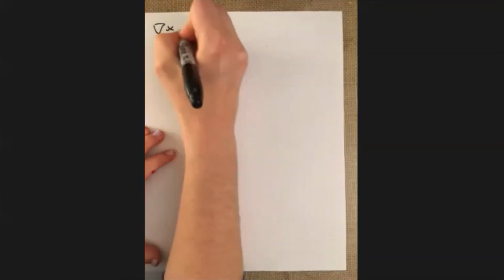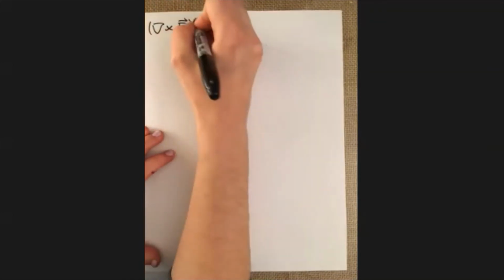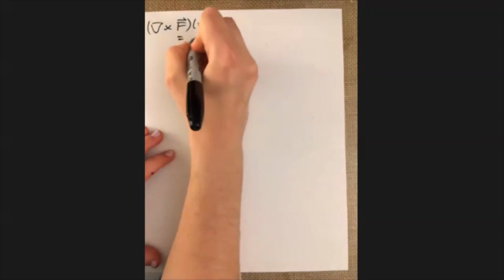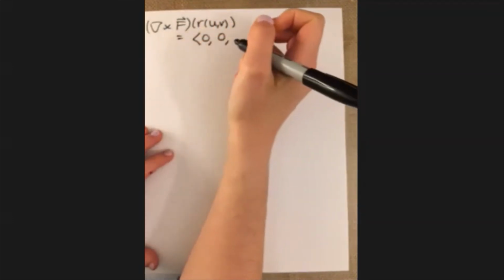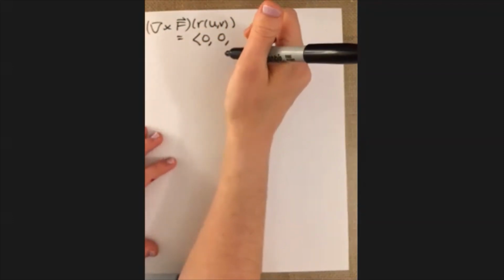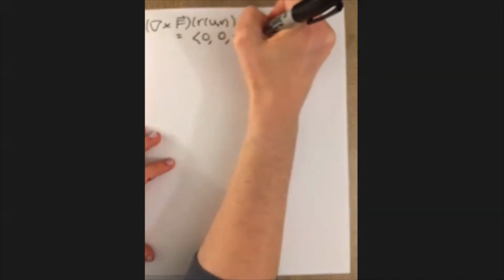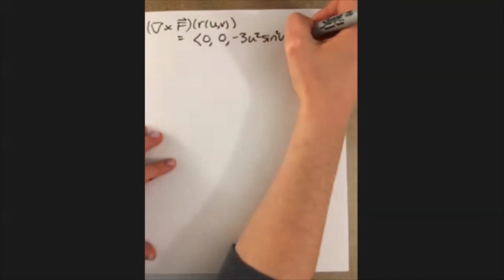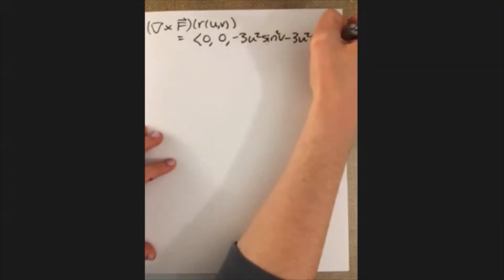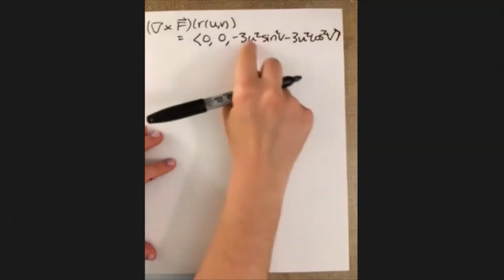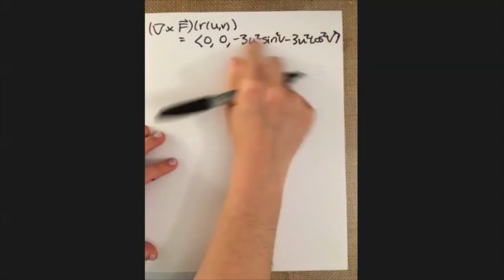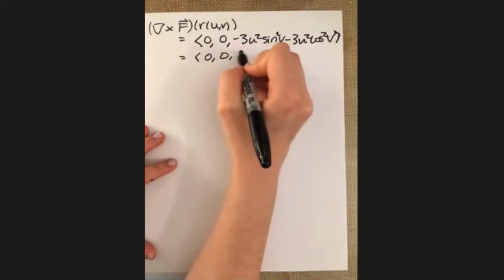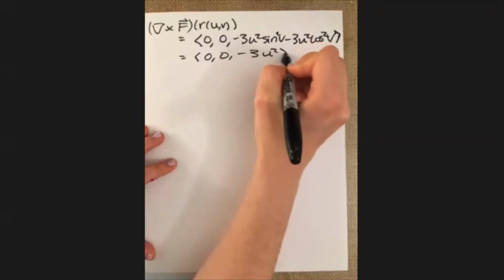So this will be equal to 0, 0, and then we have negative 3u squared sine squared v, and then minus 3u squared cosine squared v. And I'm very glad that there is a negative and a 3u squared on both of these, because this means that I can simplify it down quite a bit to just negative 3u squared for that last component.